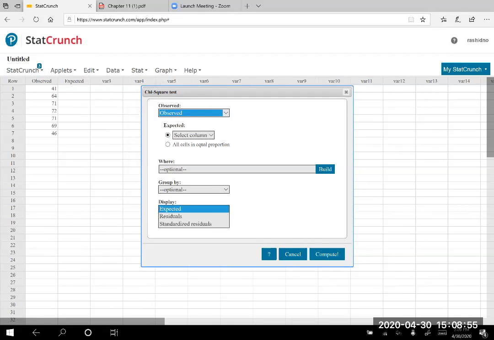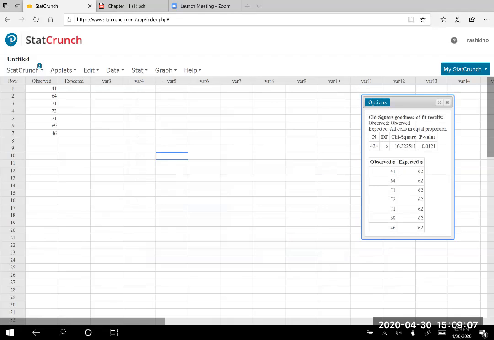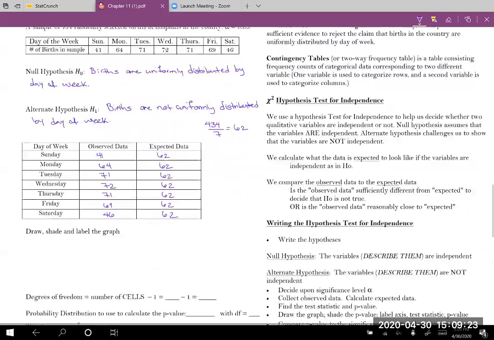If you enter the expected data as 62 each, then you select that, or you can say that all cells are equal proportion. So it takes the total and divides it by 7 categories, and you compute. There's the expected, then there's the observed data. Your chi-square value is 16.3226. Your p-value is 0.0121.